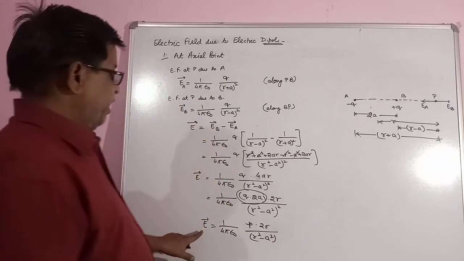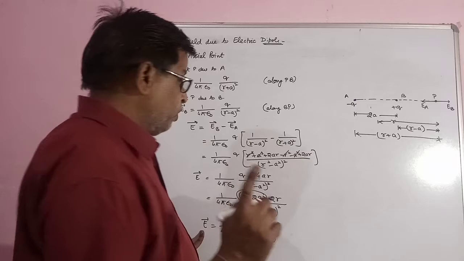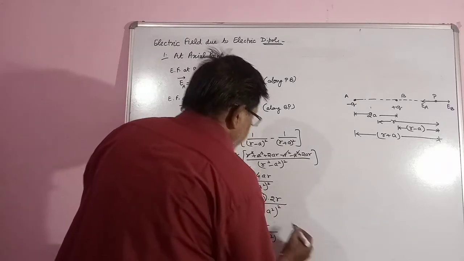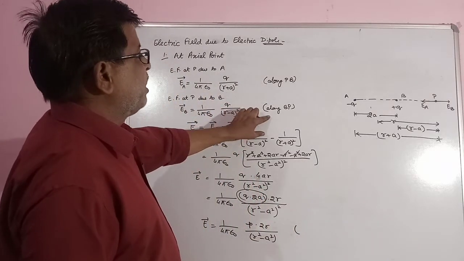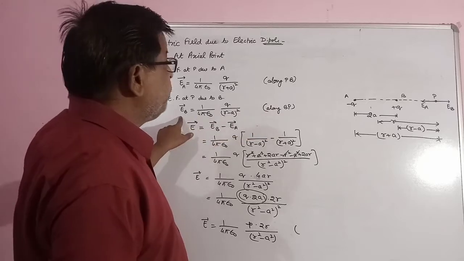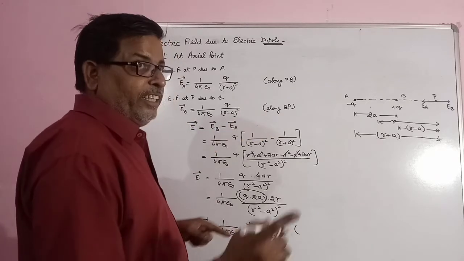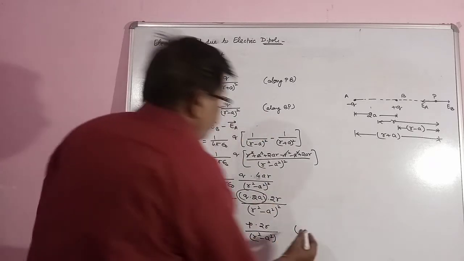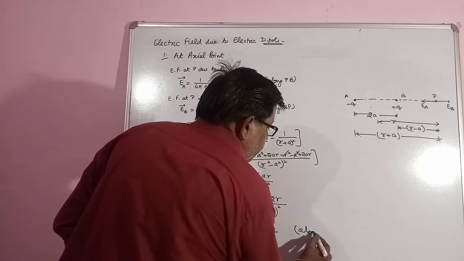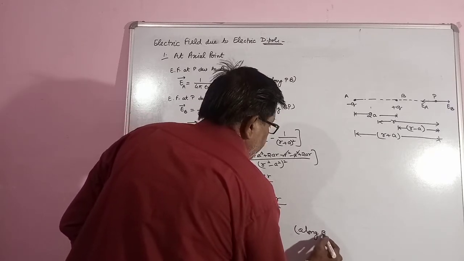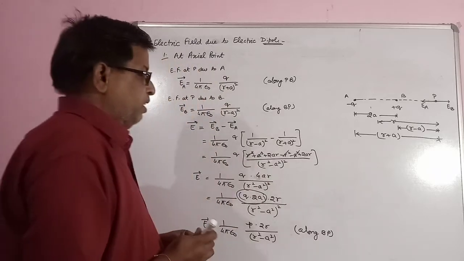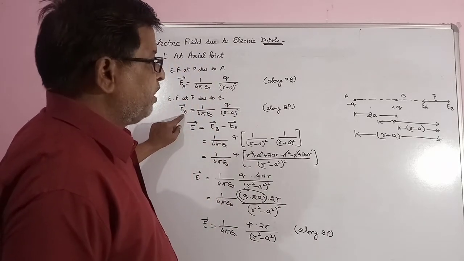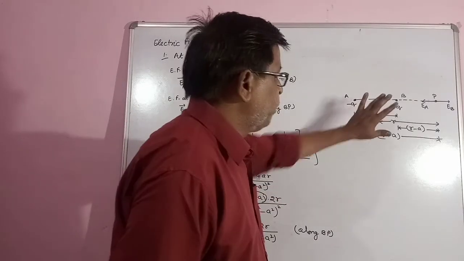Again, electric field is a vector quantity, and which vector is larger? Obviously EB is larger, so the direction of electric field will be the direction of vector B.